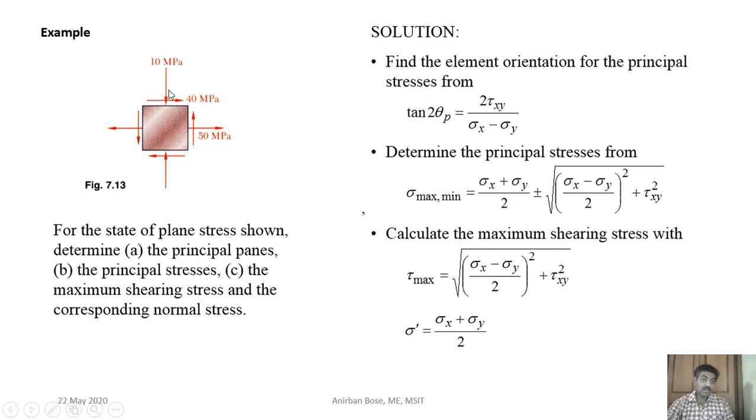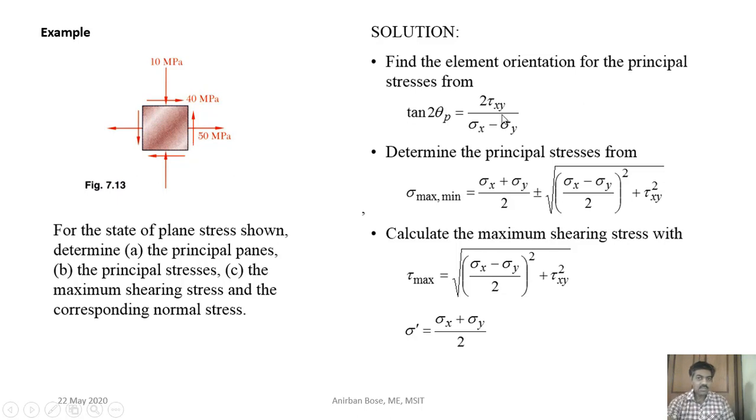Sigma y is not plus 10, sigma y is minus 10, because tension is considered positive. And tau xy is 40, because at this plane you can see this is the direction considered positive for the shear stress. So tau xy is plus 40.